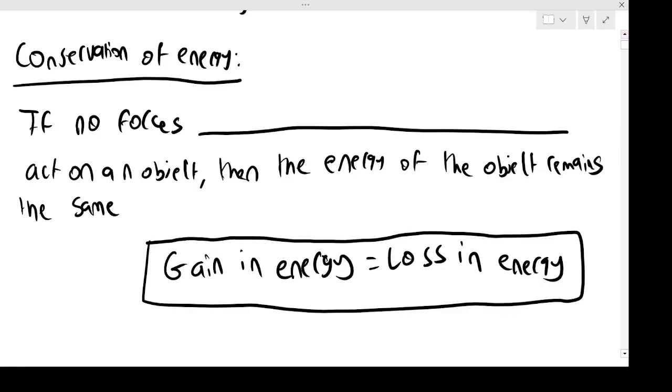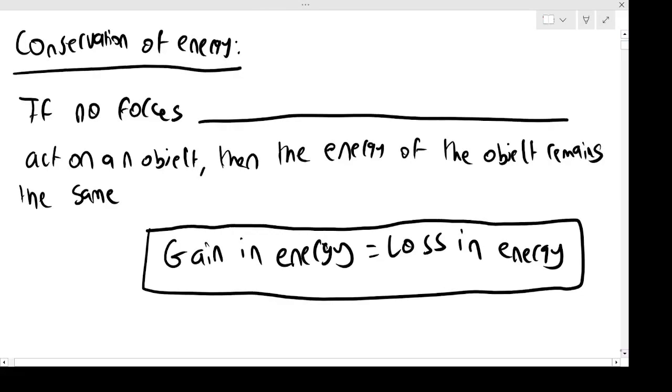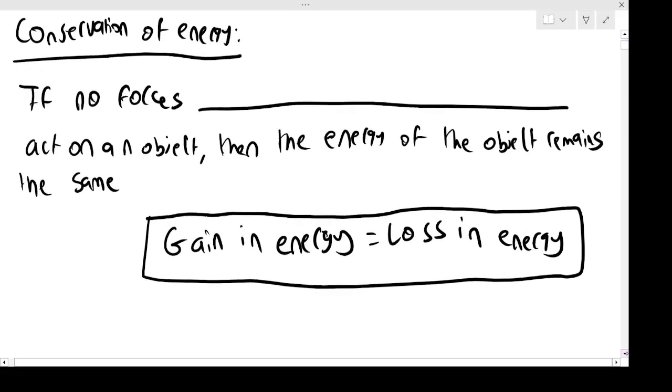So if we gain some energy, then we lose the same amount of energy to keep it balanced. And so, more particularly, we've looked at kinetic energy and gravitational energy. So if we gain some kinetic energy, then we have to lose that energy in gravitational energy, so they kind of counteract. We're going to look into that with some examples in a moment to demonstrate that.